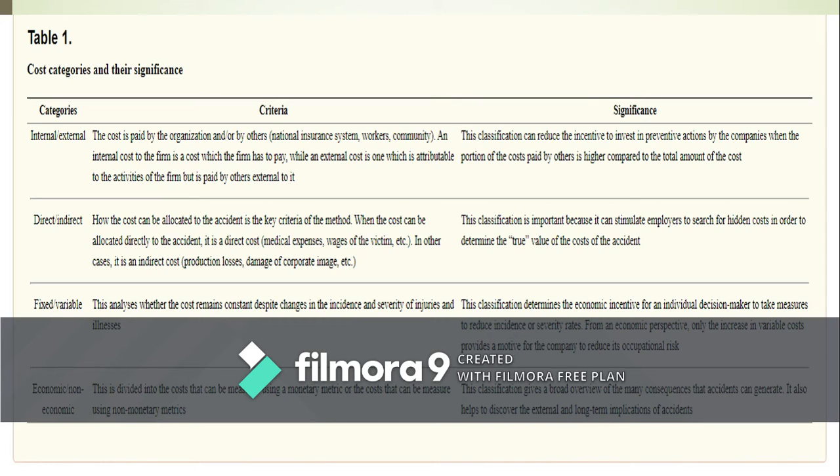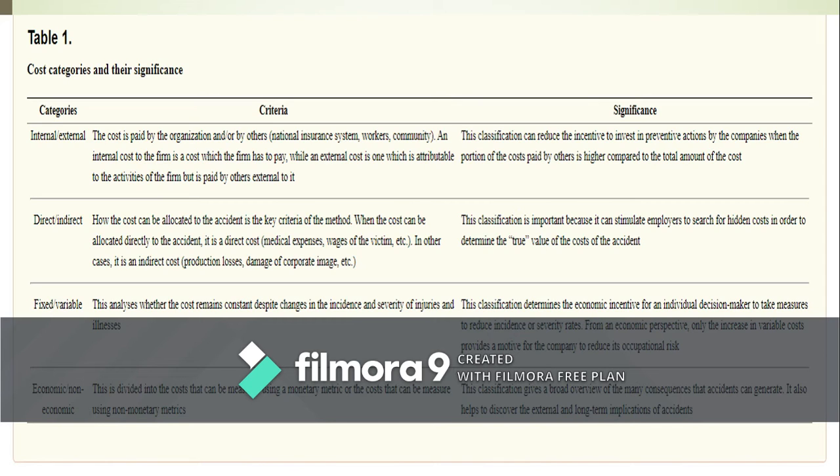From an economic perspective, only the increase in variable cost provides a motive for the company to reduce its occupational risk. Economic or non-economic cost. This is divided into cost that can be managed using a monetary metric or cost that can be measured using non-monetary terms, for example, a social cost.